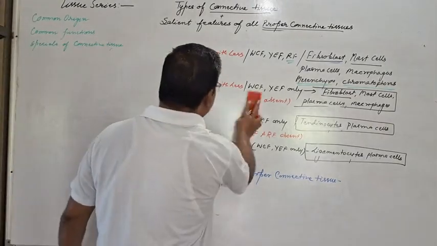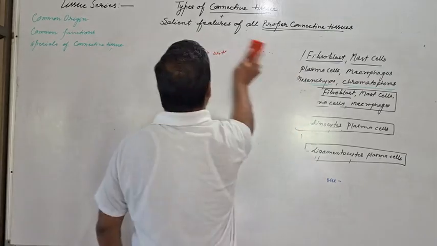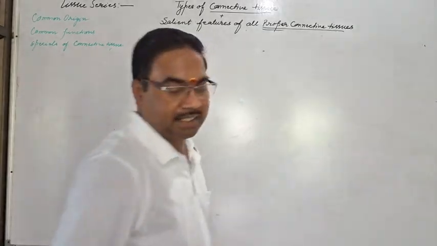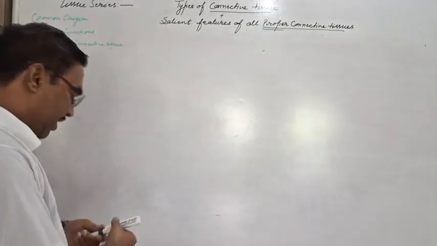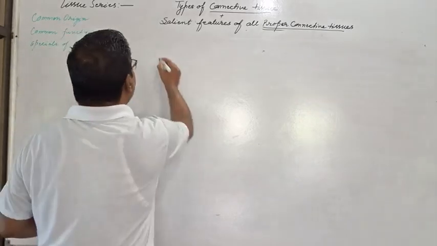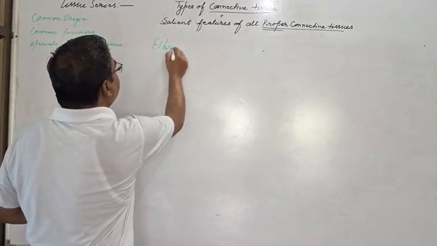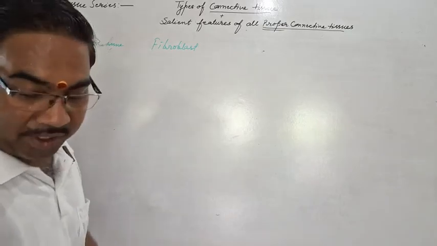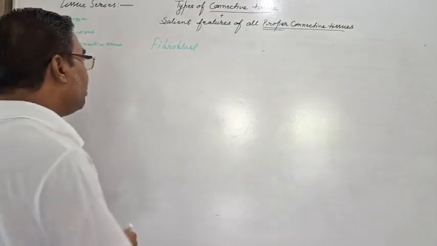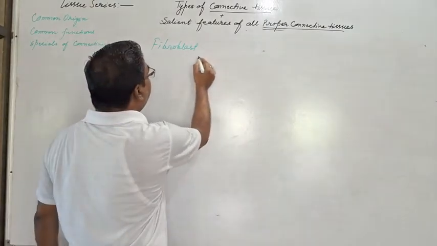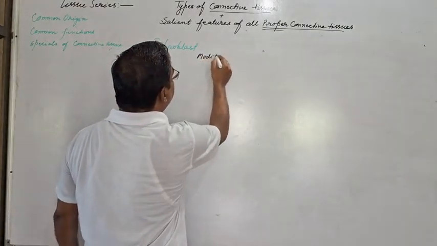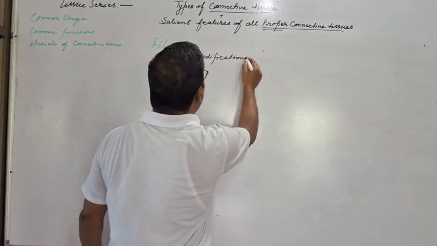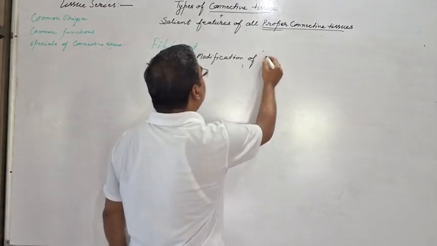Now we are going to discuss the functions of specified cells present in this type of proper connective tissue. So the first point is fibroblast. What is fibroblast? What are its functions? Fibroblasts are actually the modification of leukocyte.